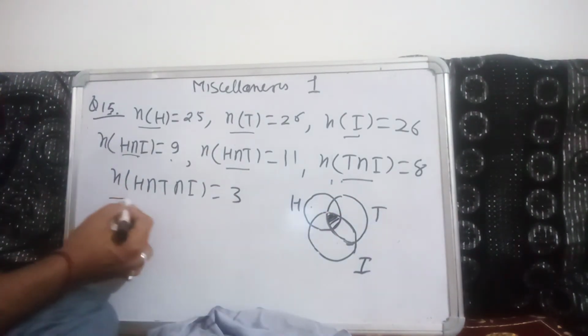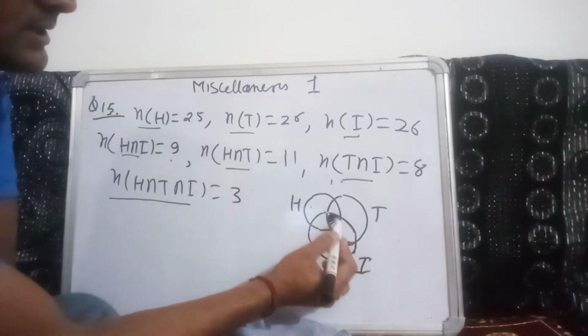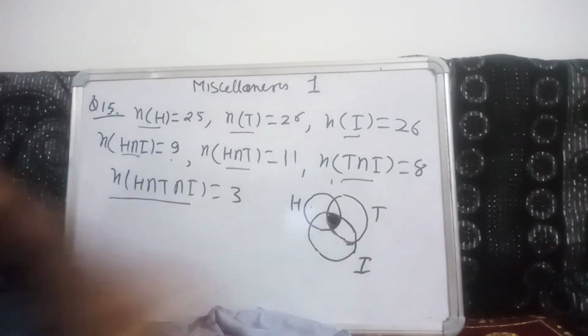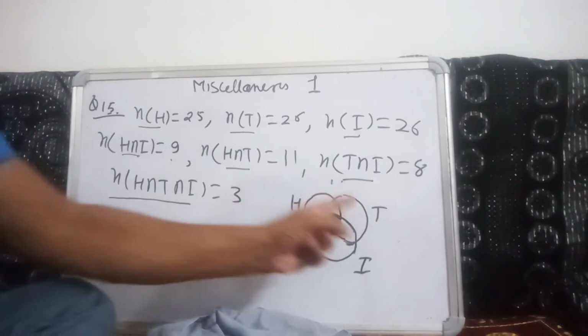And these are the number of people who read all the newspapers, means this dark area. Now these are the given information. We have to find the first part, how many people read at least one of the newspapers, at least this or this or this.